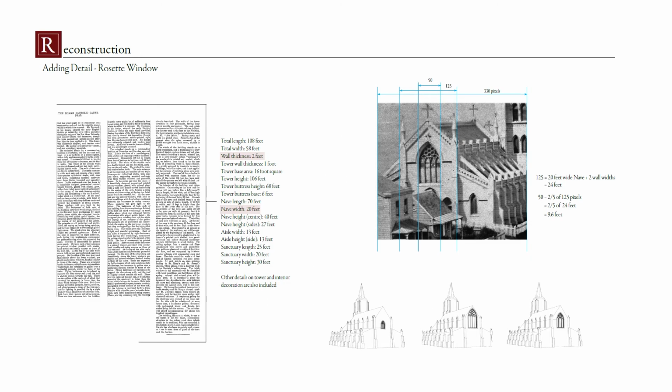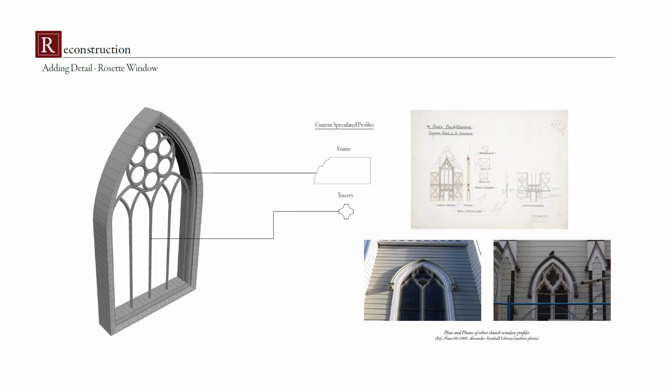Once I had the three-dimensional form, I could size it accordingly, and because there were no measurements of the window, I did this by analyzing the proportions of the window to the known width of the nave. The extruded profiles at this stage are speculated, as no photos revealed what they actually were. These are just placeholders, and the thing about procedural modeling is that these can be changed simply later on. What also helped to create these speculative profiles was looking at still existing examples and archival data.